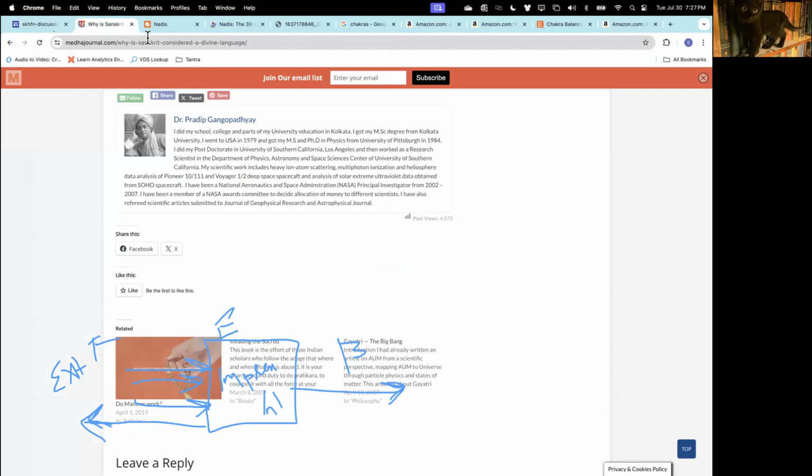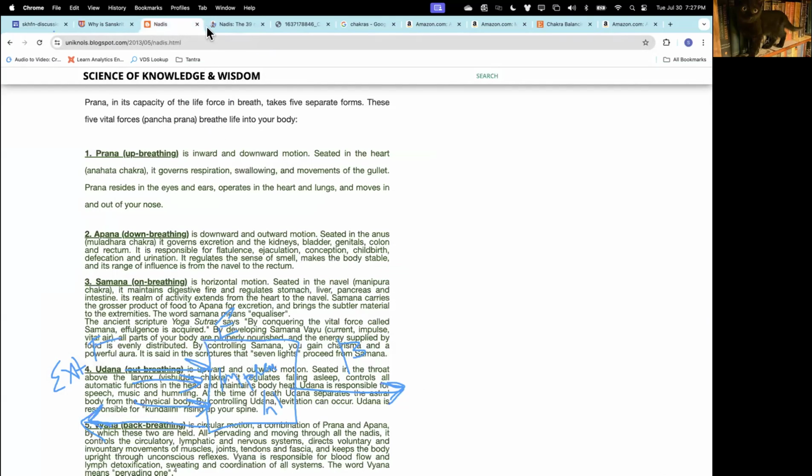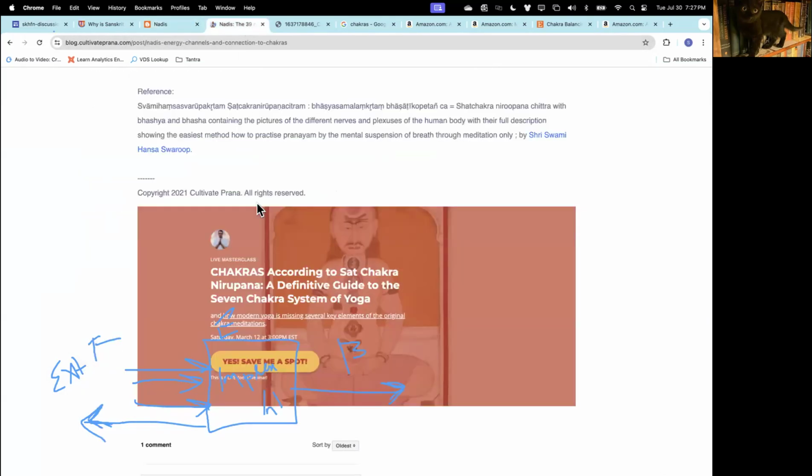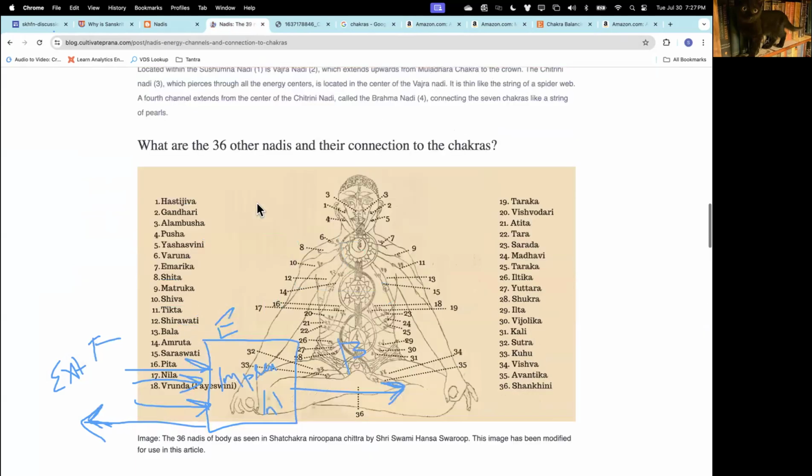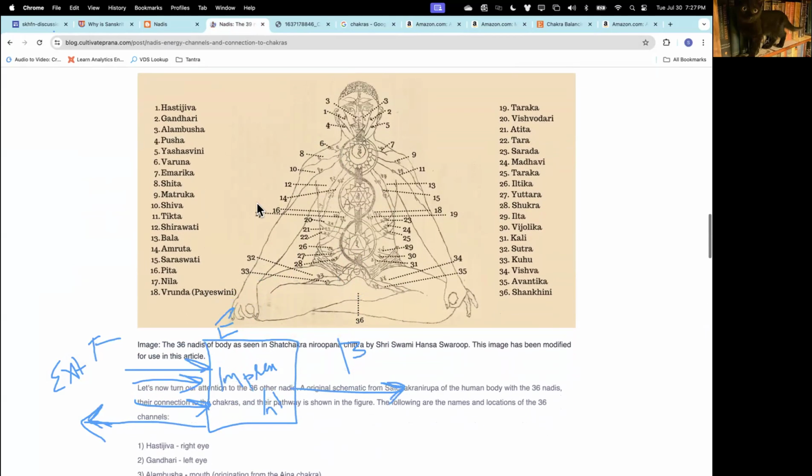So I think we are almost 27 minutes past, but I just want to show you how the nadis look. These are only the 36 nadis, the sympathetic and parasympathetic system. So what is nadis is not exactly a nervous system.